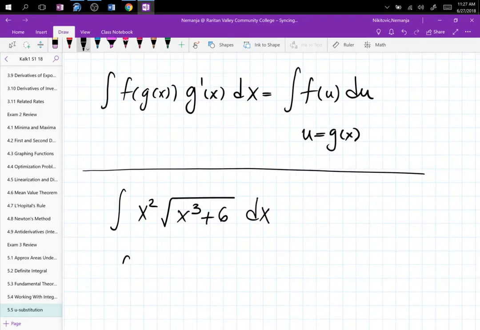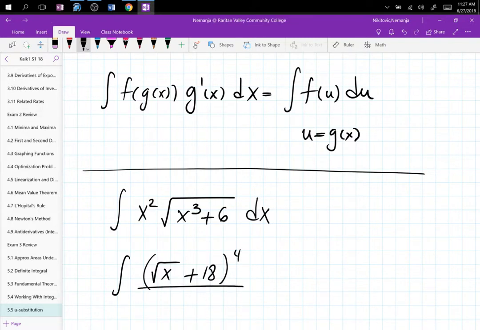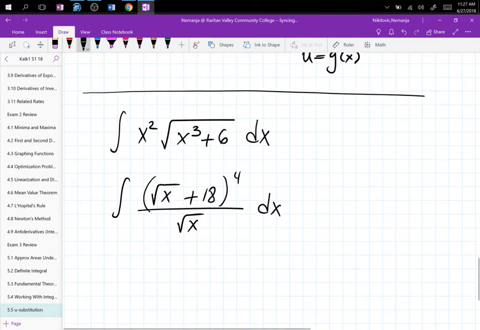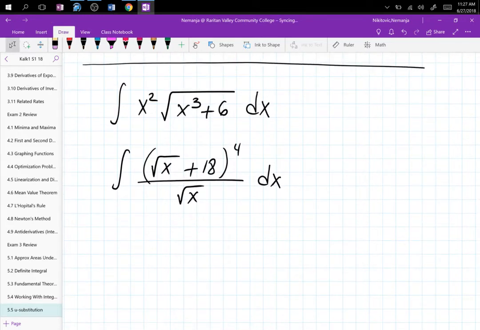And then I have a problem like this: the integral of square root of x plus 18 raised to the 4th power divided by square root of x dx, right? If you're looking at these two problems, they both have a square root in them. So now, how are these problems different?